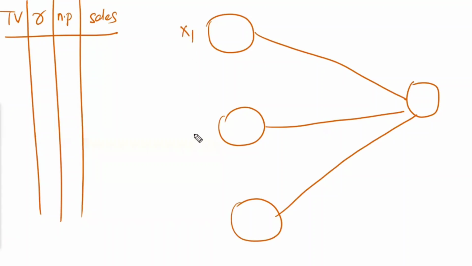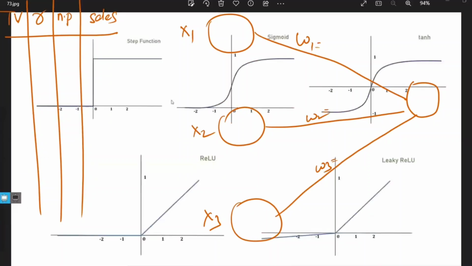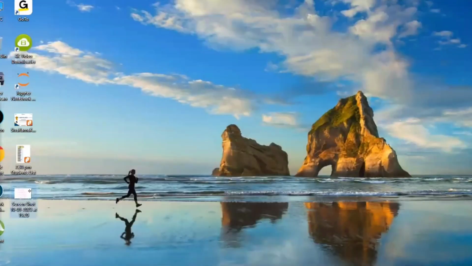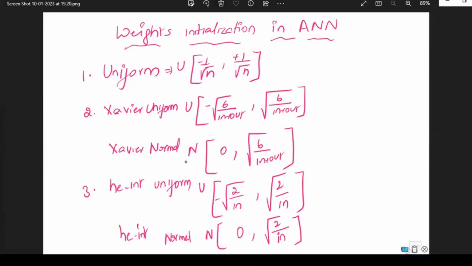Here it is X1, X2, X3 and W1, W2, W3. It is going to assign values between some range. So how are we going to assign the random values? Let us see this and we'll come back to this one again.